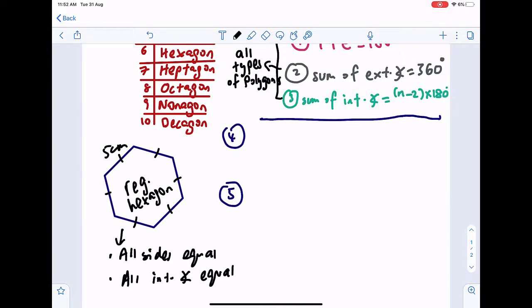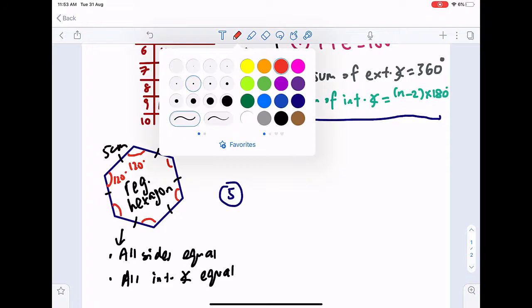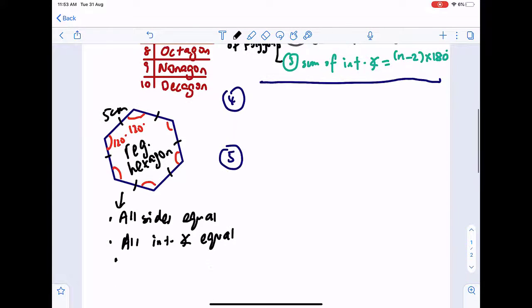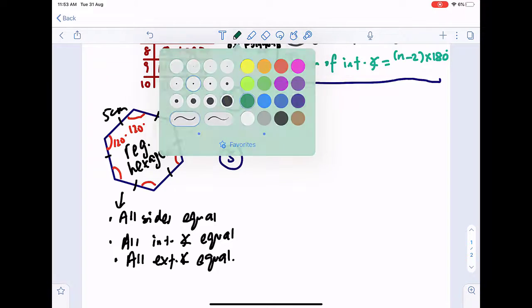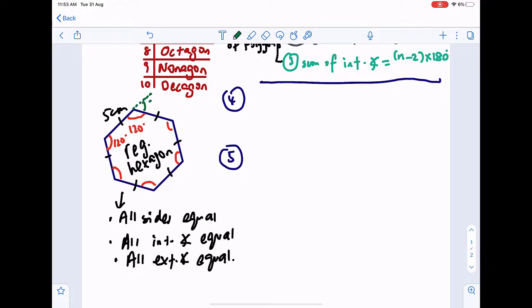In this case, the interior angles for the regular hexagon will be 120. We will get to how we get 120 shortly. So all of the inside ones here will be 120, 120, 120. And the last property of a regular polygon is that all exterior angles are equal. So if you draw a dotted line, over here will be 60. Everywhere will be 60 because it's regular.